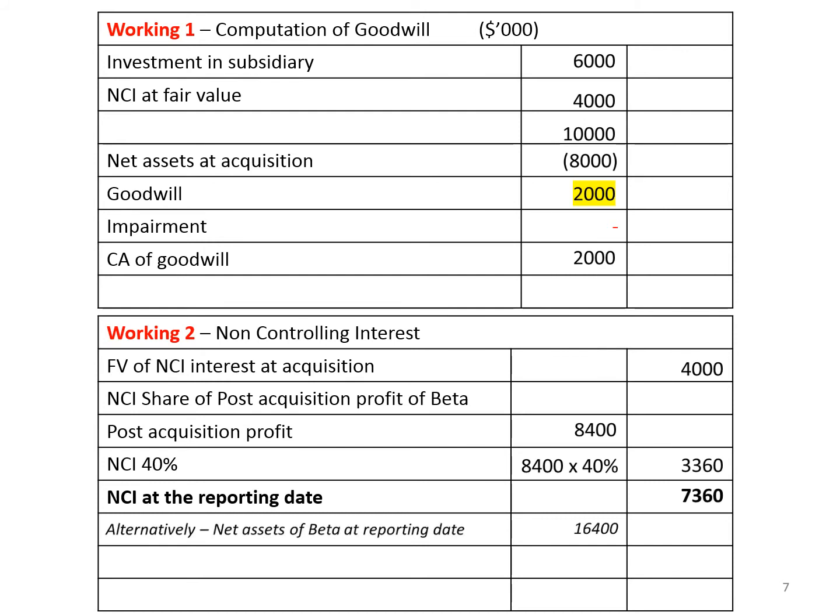Alternatively, you can take net asset of Beta as of the reporting date. We have identified the revised net asset of Beta as of the reporting date 16,400. We know non-controlling interest means net asset of the subsidiary not directly or indirectly attributable to the parent company. So net asset of this Beta Limited as of the reporting date is 16,400.